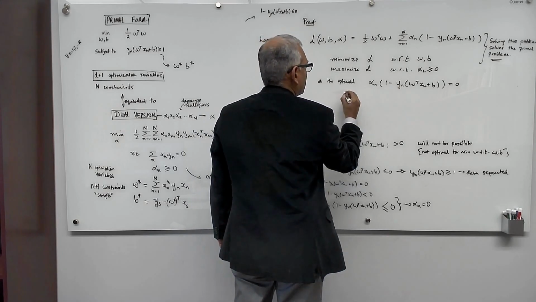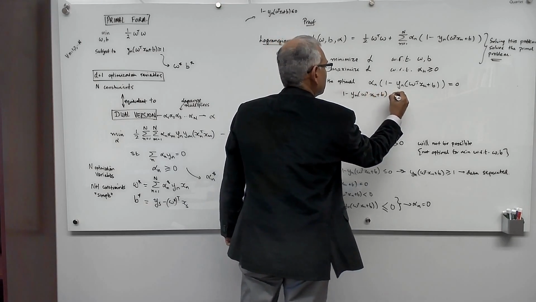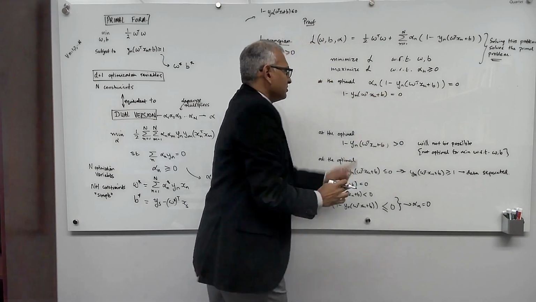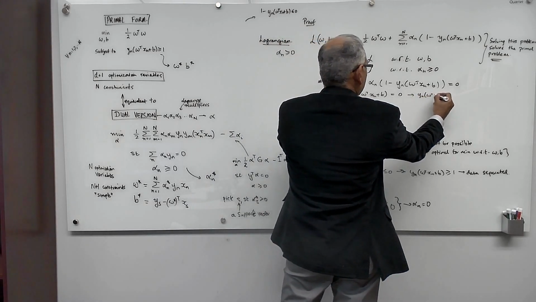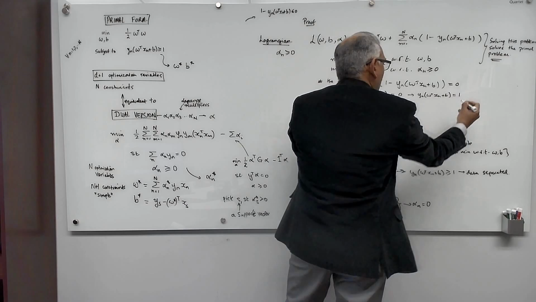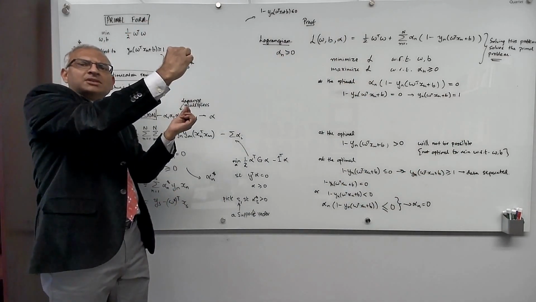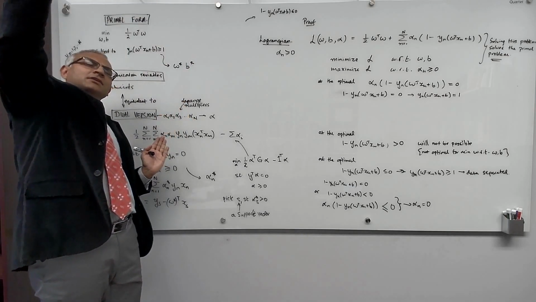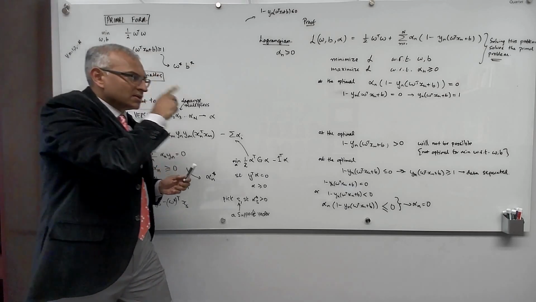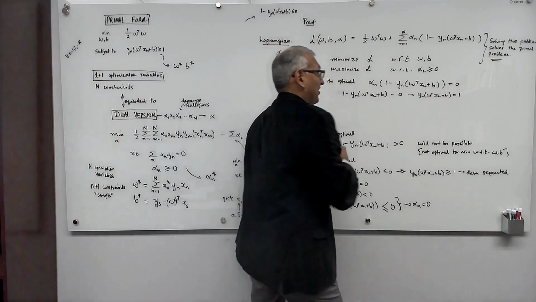or 1 minus yn (w transpose xn plus b) is equal to 0, which means that yn (w transpose xn plus b) is equal to 1. That's exactly the vector that's on the margin. 1 is the margin, and beyond is strictly bigger than 1. So these are the points that end up on the margin, what we used to call support vectors.